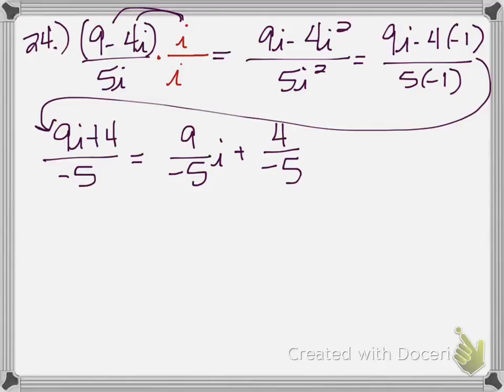And I'm almost right because they want a plus bi form, which means they want that i term to be last. So in a plus bi form, I put my number first, which in this case would be 4 over -5, and then I put my number with the i attached to it after that.